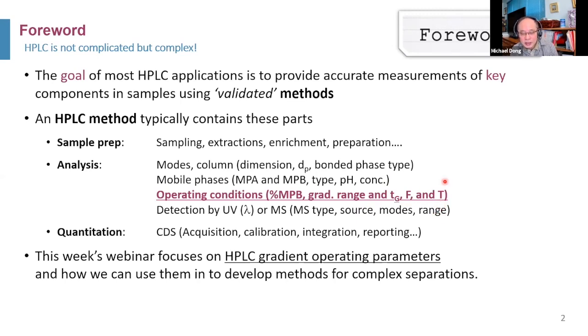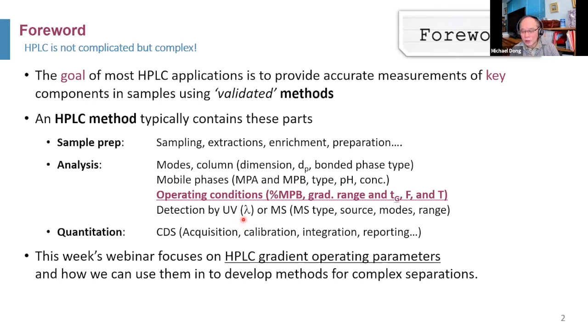So we talk about all these parameters. And those parameters are underlooked, meaning that people don't appreciate what they can do, right? So I want to give you the ins and outs of how you effectively use these things to your advantage. And then you have detection, right? So for UV, it's very simple, just the monitoring wavelength.